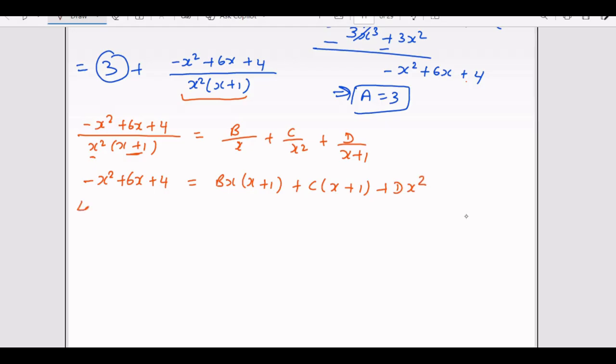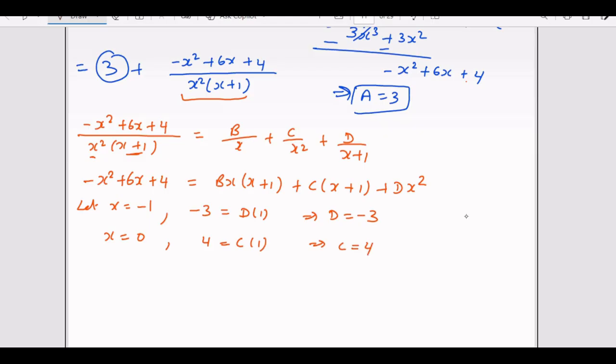Now let's say x is equal to negative 1, then the left hand side becomes negative 3, and all these are 0, we are left with only d into 1. So that gives us d equals negative 3. And if x is 0, then we have 4 equals c into 1. This gives us c equals 4.